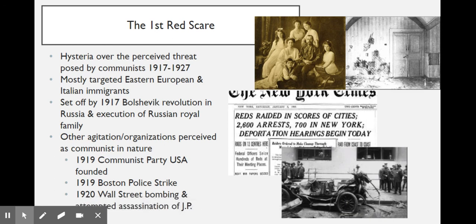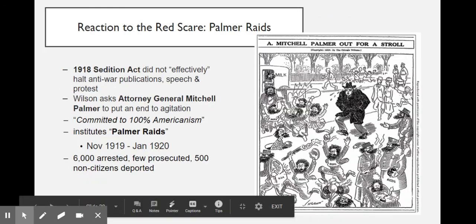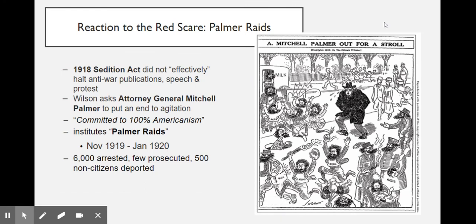And so there was this hysteria that there were these elements, and that if they got big enough, if they had enough people and the will, they would do what had happened in Russia, and that the United States government needs to do something about those people.